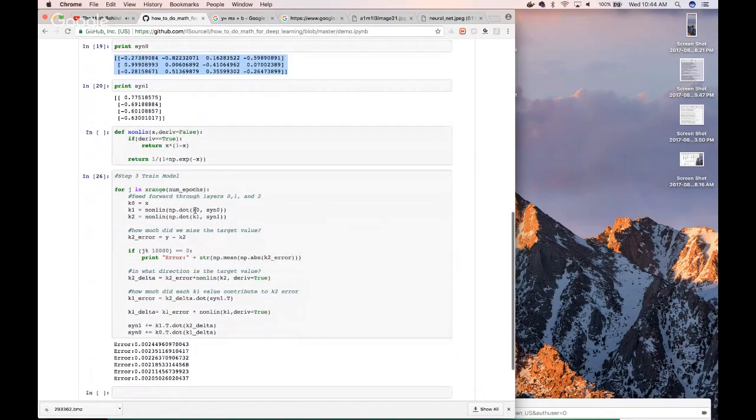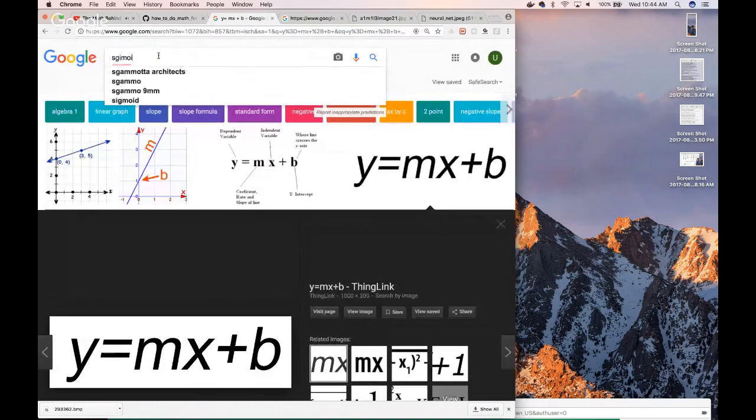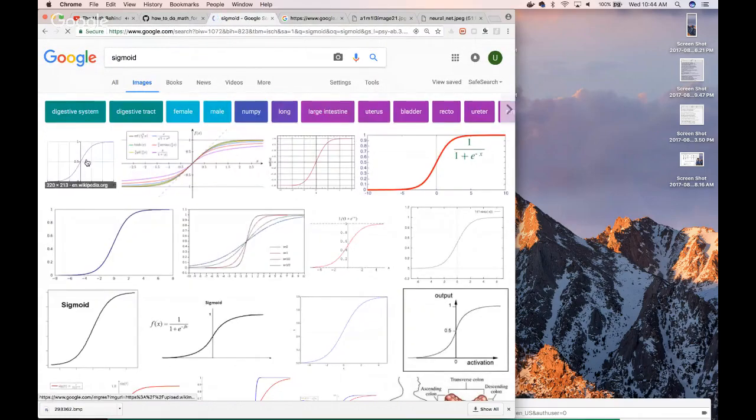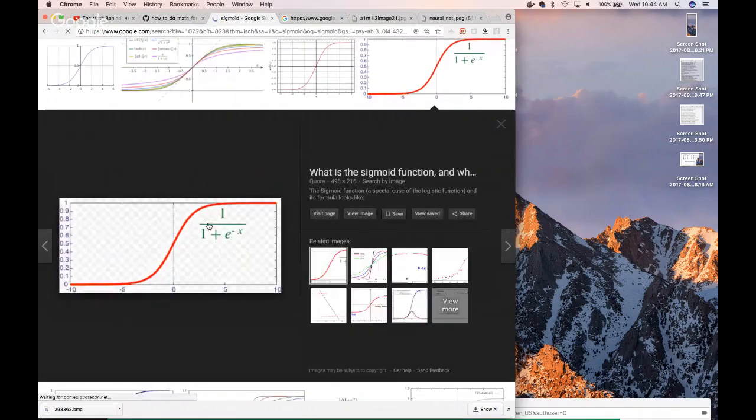So right now, we'll say input times this random matrix value, and then we'll apply what's called a nonlinearity to it. And a nonlinearity is going to be the sigmoid function, which looks like this. And this is the equation for it that we've looked at programmatically. What a sigmoid function does is it takes a number that you input into this x value, and it's going to output a value between 0 and 1.